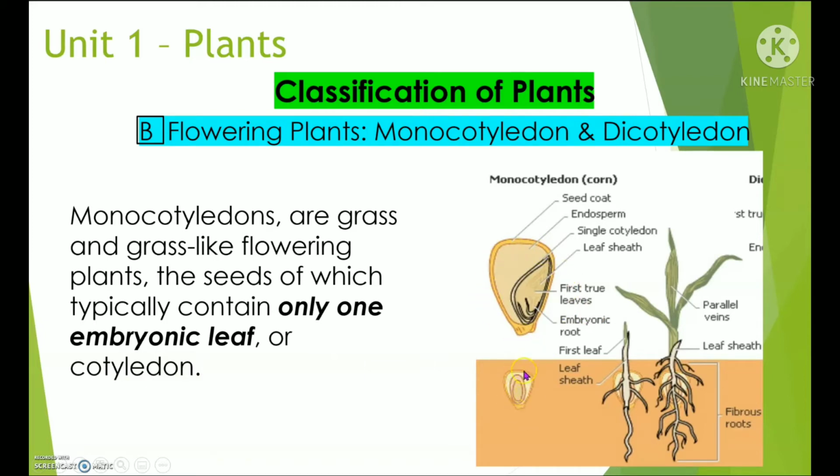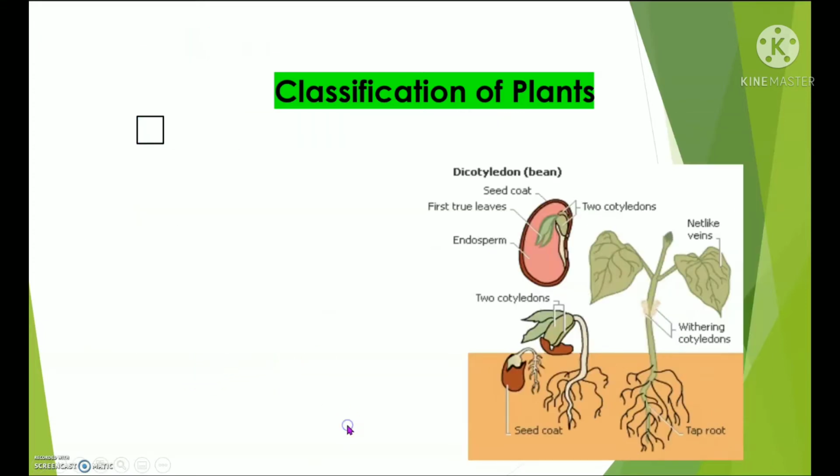Now let's see how many cotyledons, embryonic leaves, a monocot has. Very good. They only have one. Monocots or monocotyledons only have one embryonic leaf or cotyledon. Now let's see the next slide.